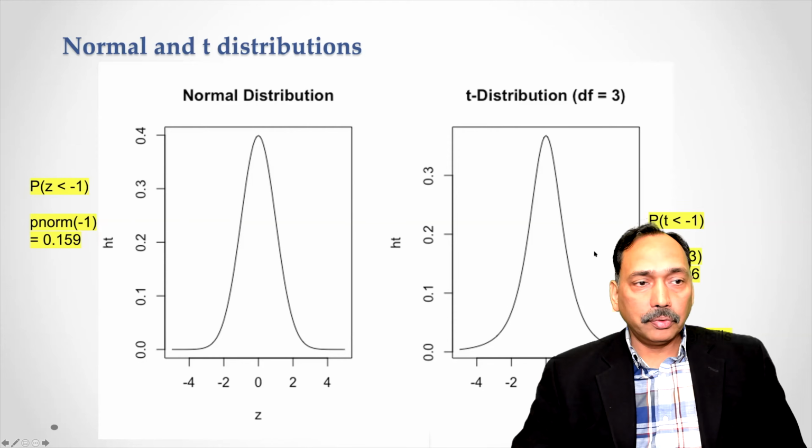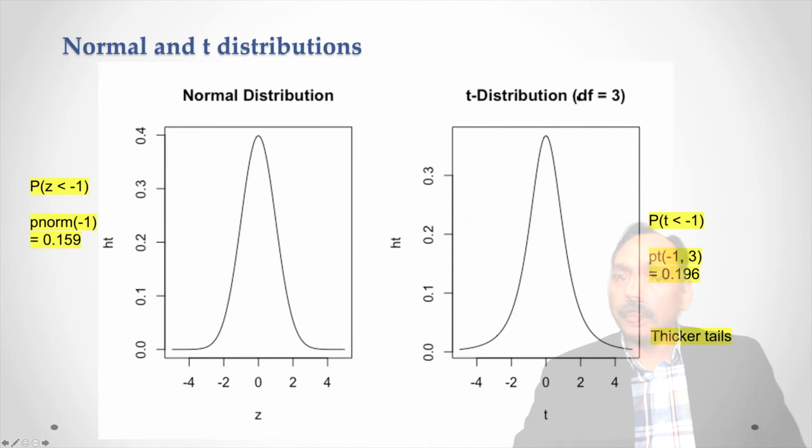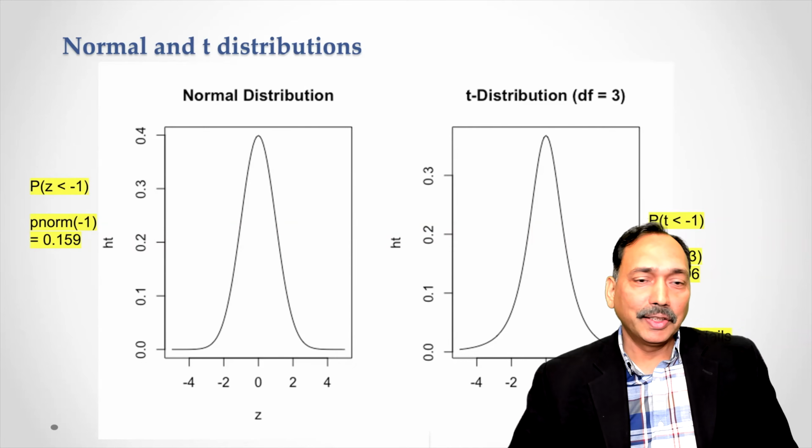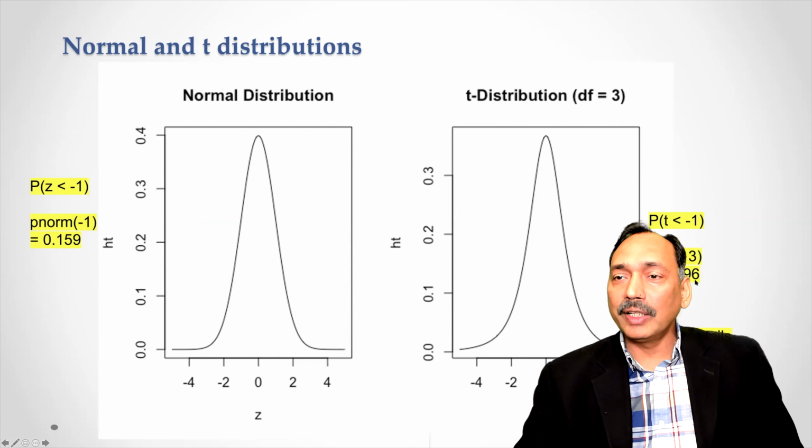If you do a similar calculation with pt for the t distribution, I have used degrees of freedom as 3 purposefully, representing a smaller data set, because that's where t distributions are used, when your sample size is small. If you calculate the probability to the left of -1 in this picture, you get 0.196, 19.6%. So from 15.9% it goes up to 19.6%.